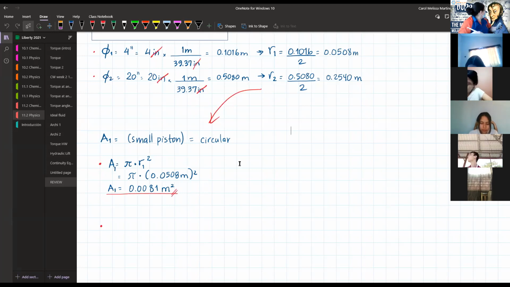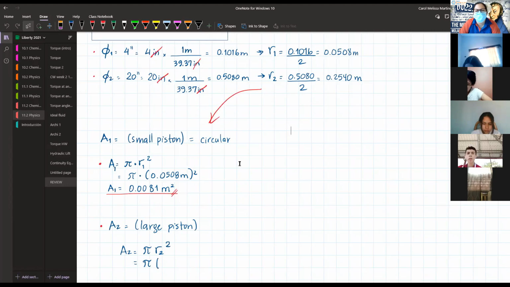Now let's get the area 2. That is the large piston. Okay, so the area 2 is equal to pi, the radius 2 raised to the second power. This is equal to pi times 0.2540 meters raised to the second power.